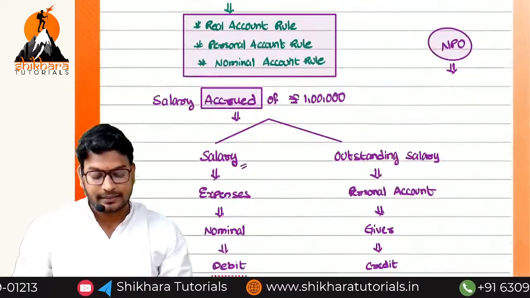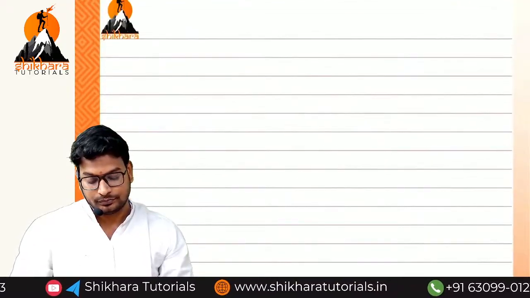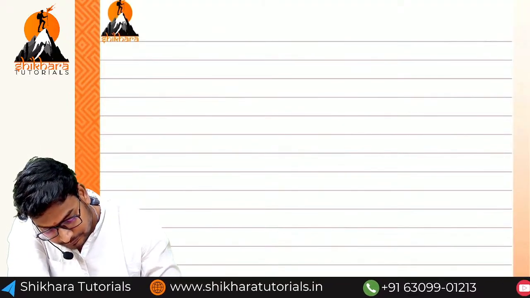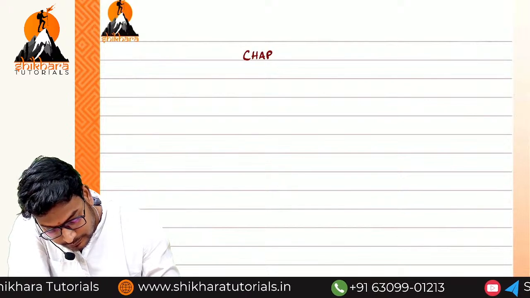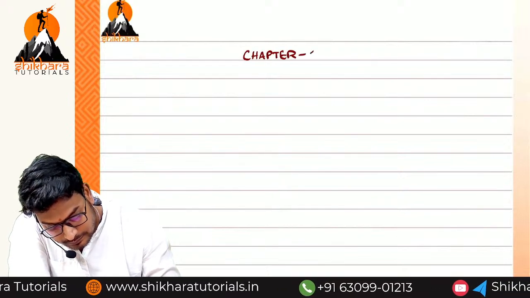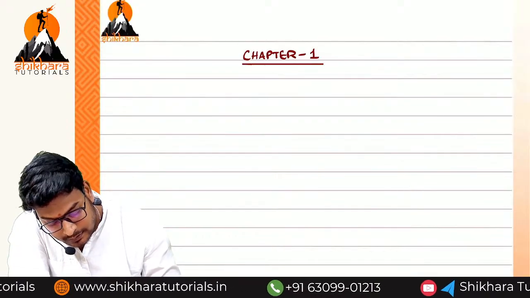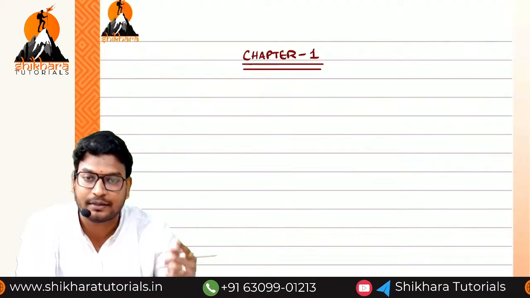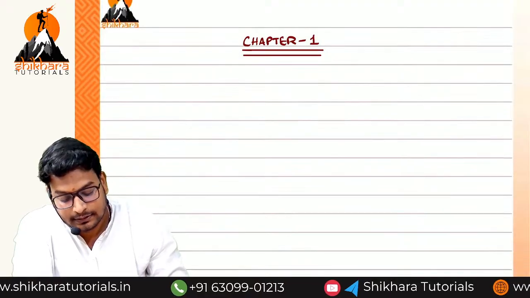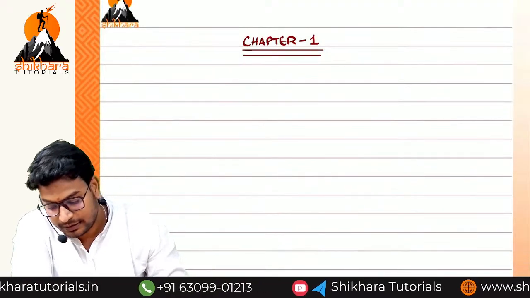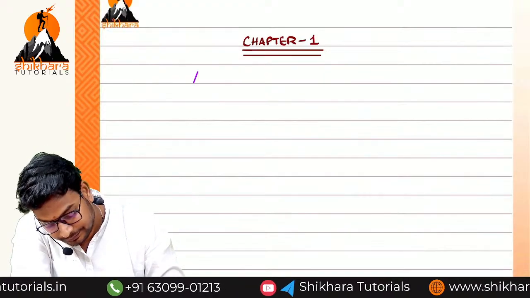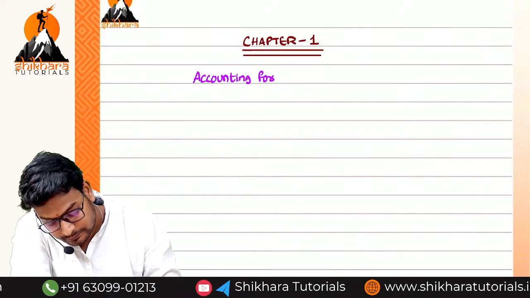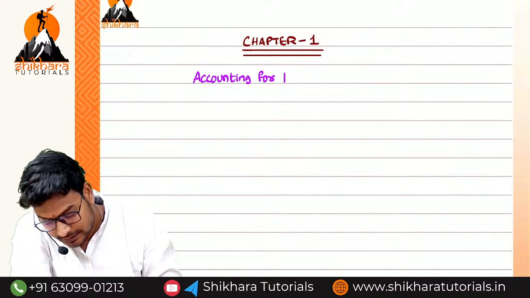Okay, so just keep the heading. Chapter 1. Those journal entries we can discuss at the time of issue of shares, no problem. Let us see the introduction to the corporate accounts. Chapter 1 is called accounting for shares and debentures.